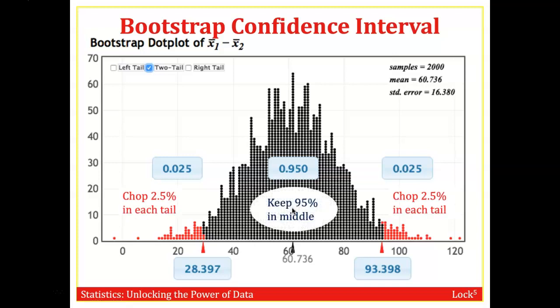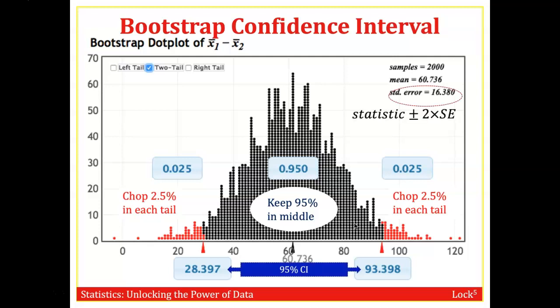Just a reminder, if we were doing the percentile interval, the idea would be to chop off in each tail. So that would be another way to calculate the interval. We're computing the statistic plus or minus twice the standard error to get the interval.